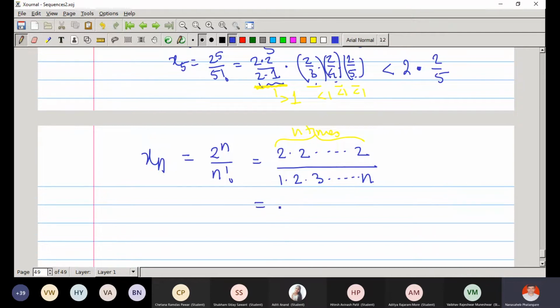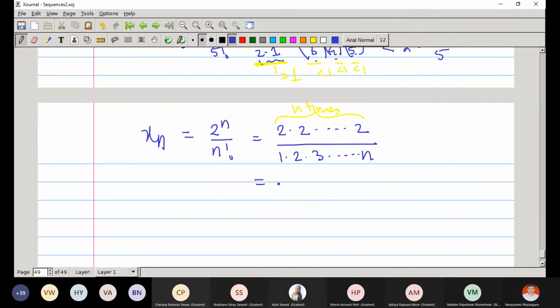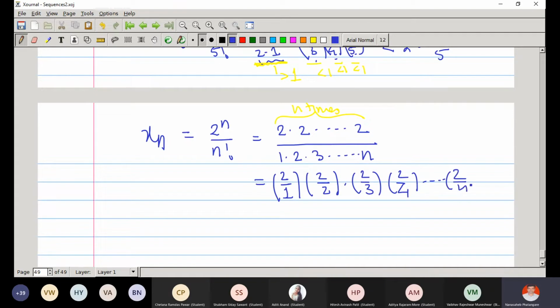Now I will separate out something. How many numbers are in the denominator and how many in the numerator? n. So I will pair 2 upon 1, then 2 upon 2, then 2 upon 3, 2 upon 4, up to 2 upon n. Here I am assuming that n is greater than 2.